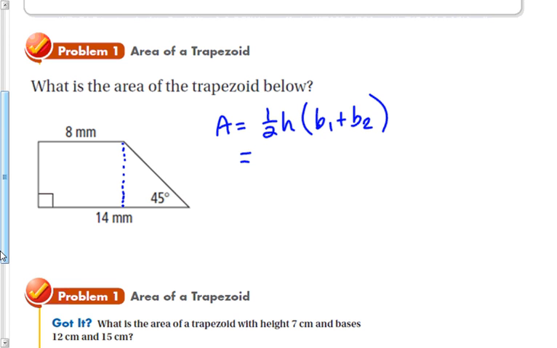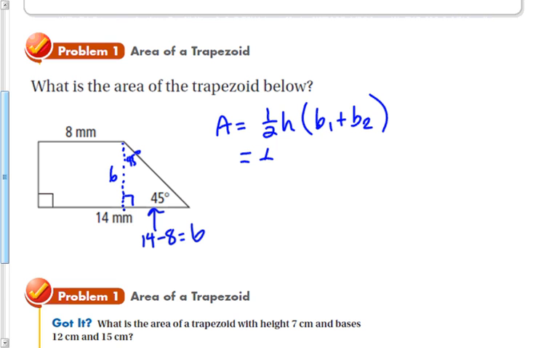And a 45-45-90 triangle, which is what this would be, has some special properties that we can use. This little distance right here is 14 minus 8, which is 6. And since it's a 45-45-90 triangle, we know that the legs are congruent. It's an isosceles triangle, so the height is 6 also.